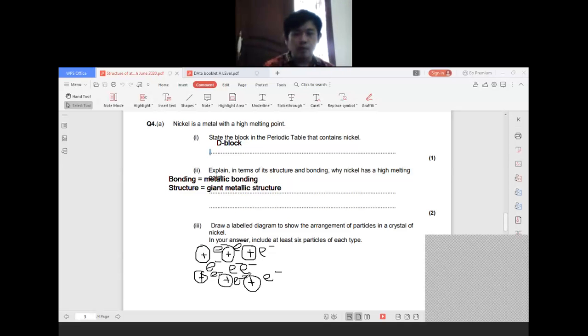This is called metallic bonding. Metallic bonding is the strong attractive force between the positive ions of the metal and the negative electrons.